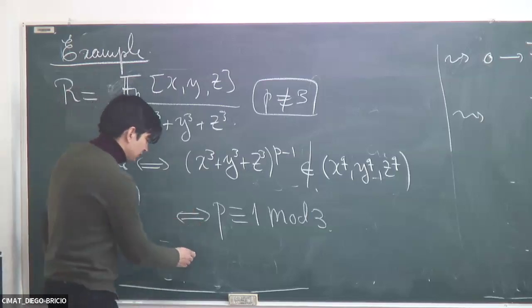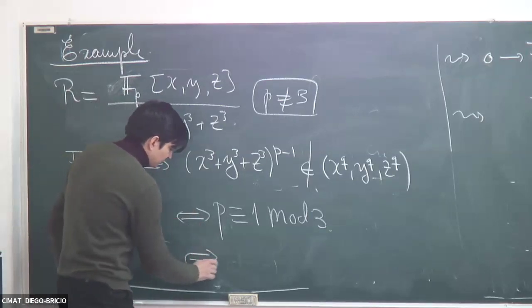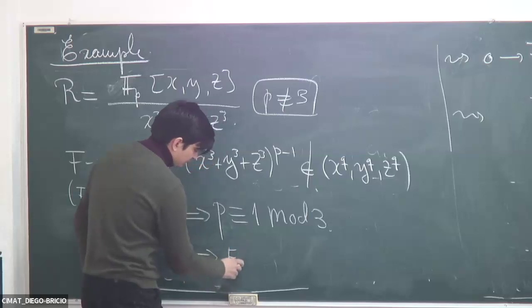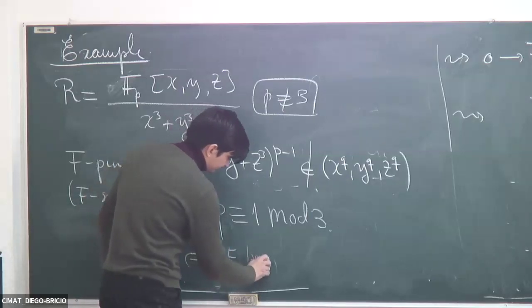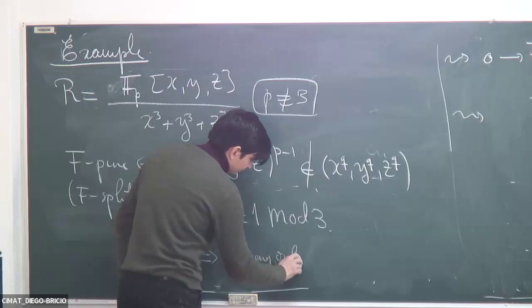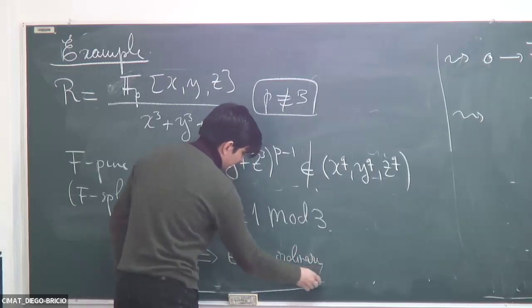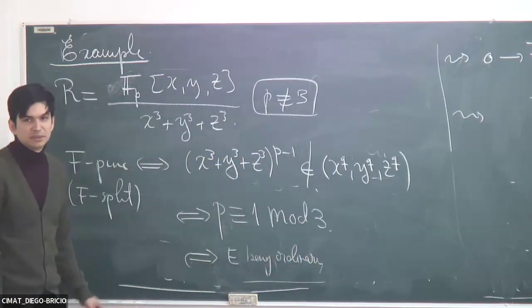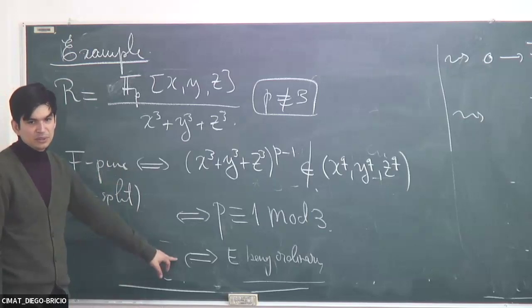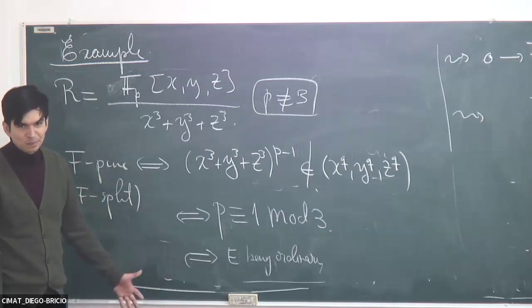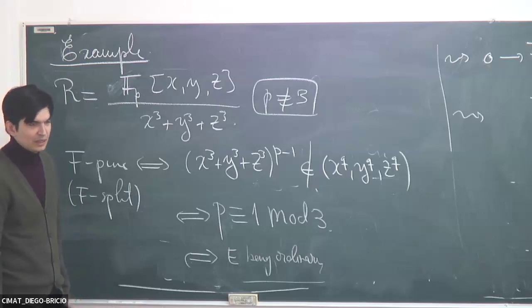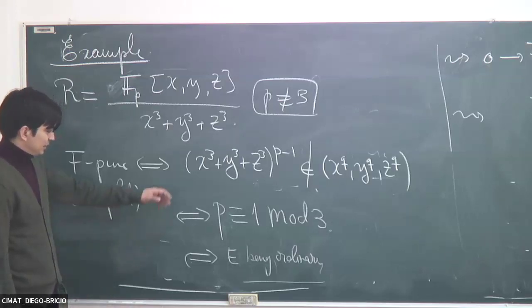And so I guess you can say here that this is equivalent to the elliptic curve E being ordinary, as opposed to supersingular, which is a bad thing. So F-purity equals good in a good way. Okay, that's the moral of the story.